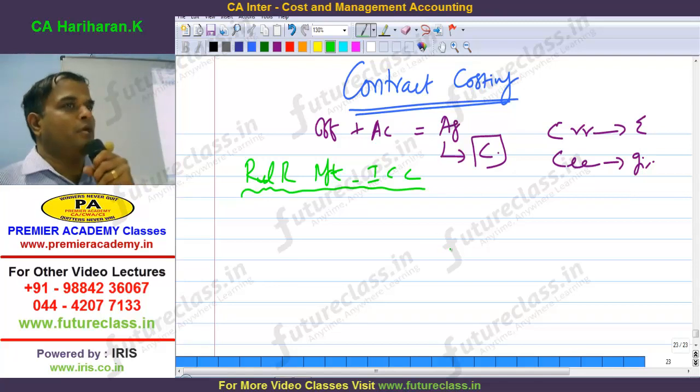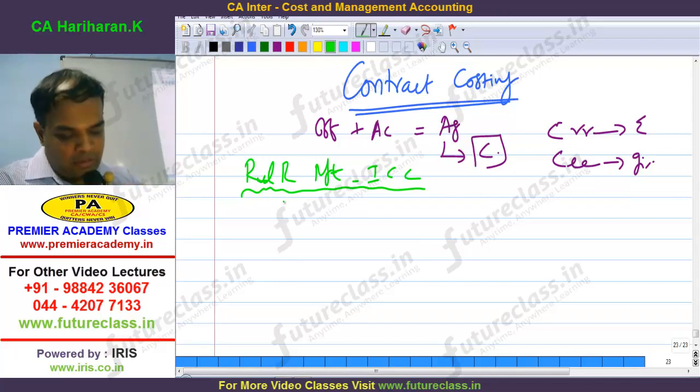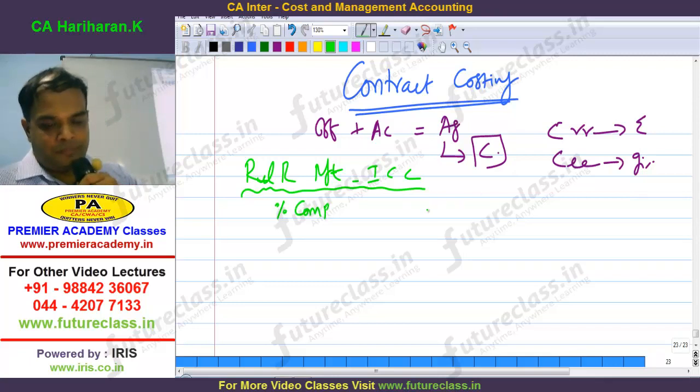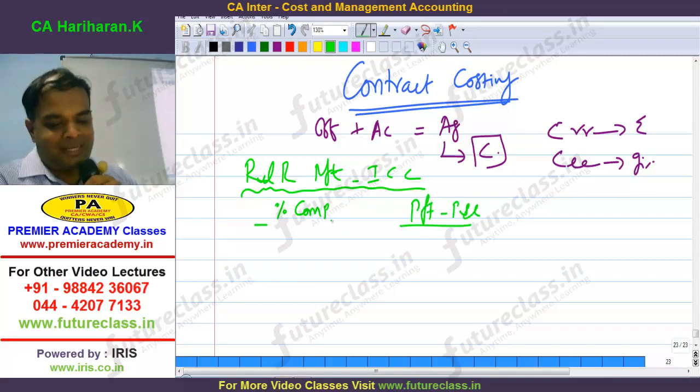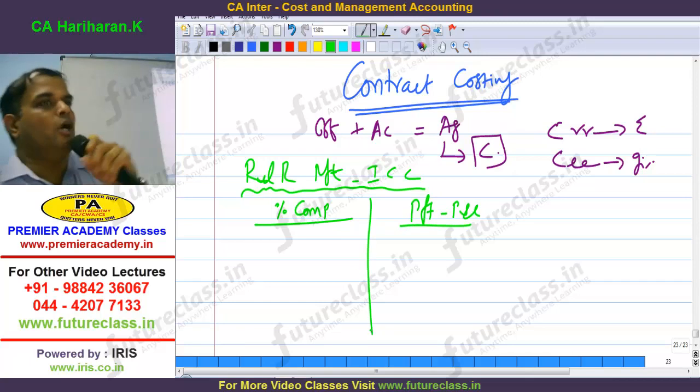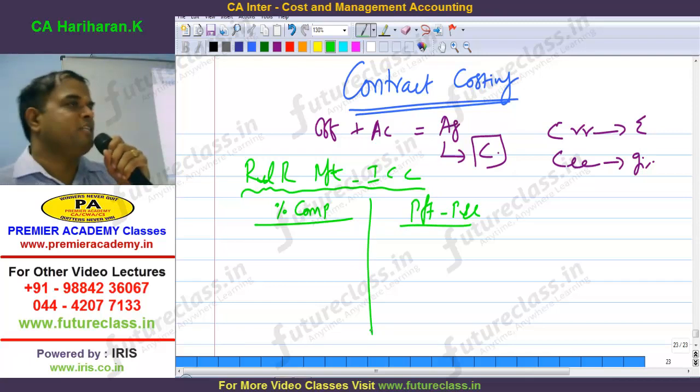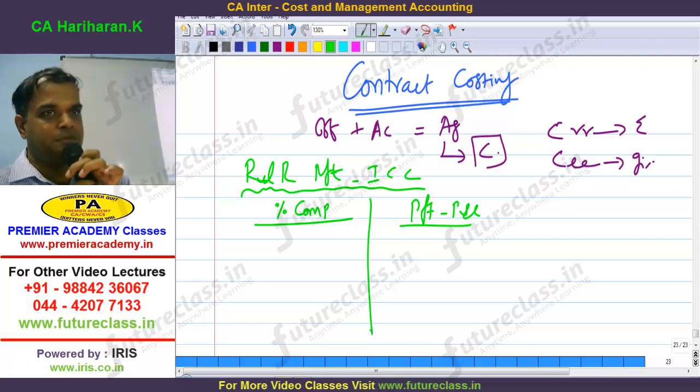How to recognize profit in case of contract costing? Depending upon the percentage of completion of the work, we have to recognize the profit. Profit is to be recognized in the P&L account. How much profit you have to transfer to the P&L account, that is called rules for recognition of profit on incompleted contracts.